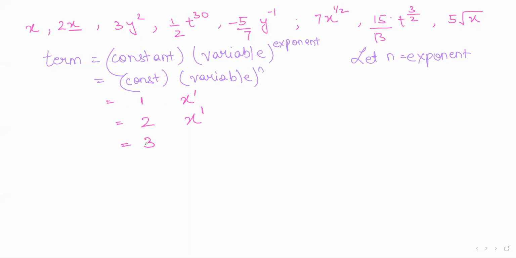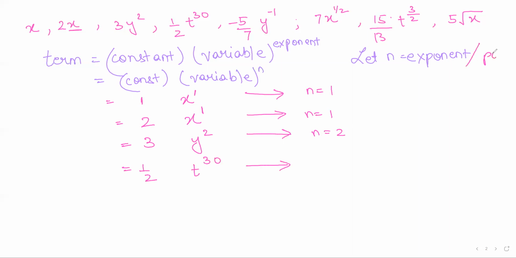In the third one, it is 3 into y to the power 2, so the value of n is 2. 1/2 is a constant, t is the variable, 30 is the power. An exponent is also called a power. So your n value here is 30.